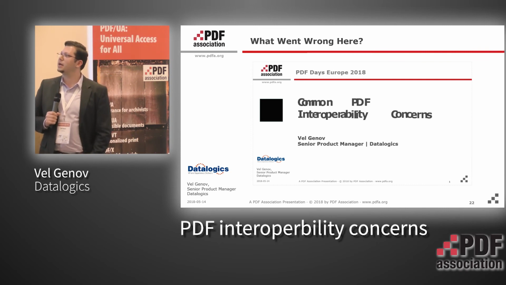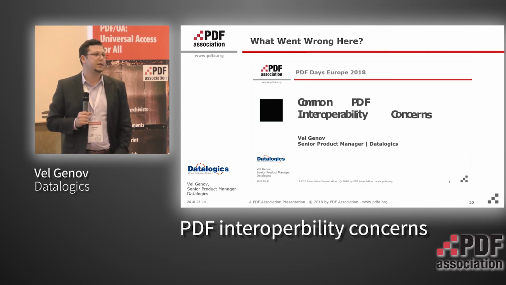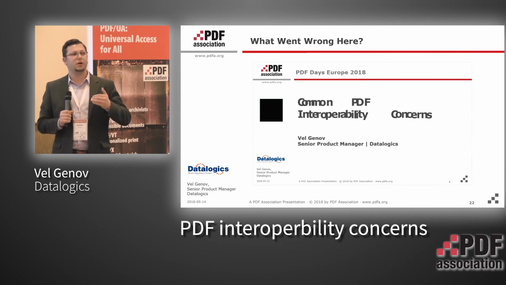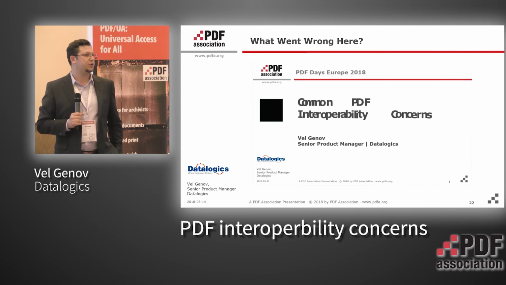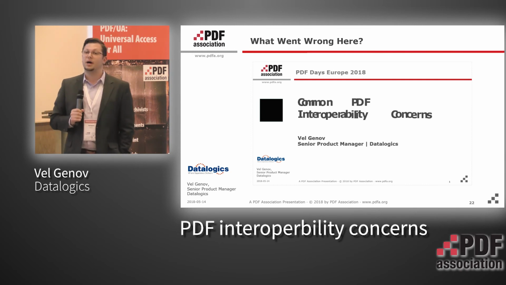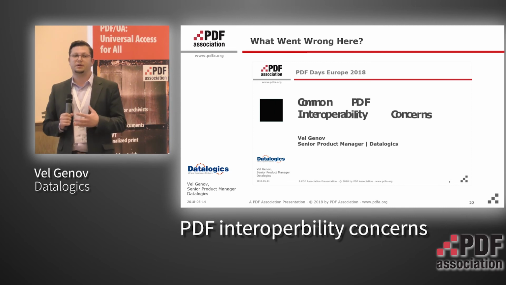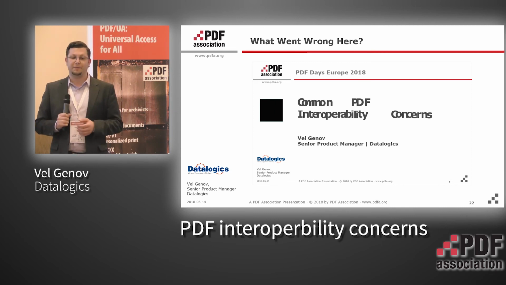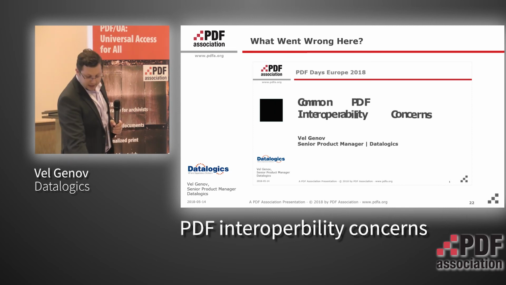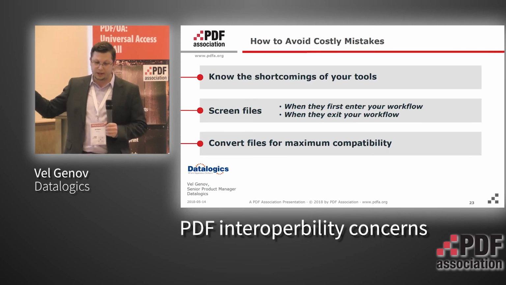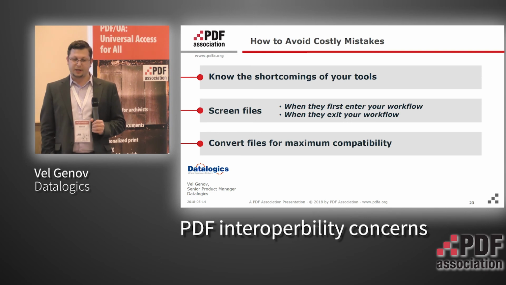And we're also building a test file internally at DataLogix that will help you detect a lot of these interoperability issues. So if you're on our mailing list, you can keep an eye out. We should be finishing it at the end of the second quarter of this year. So we're going to send it out, and you can actually use that file to test the things that I was talking about.